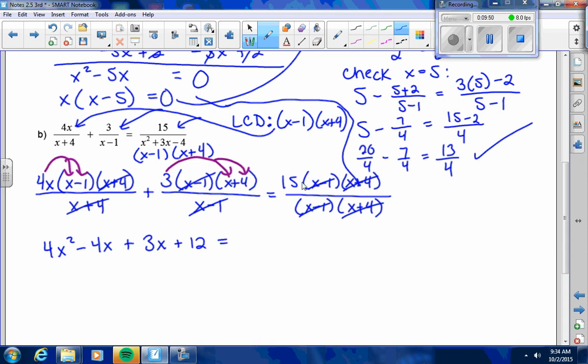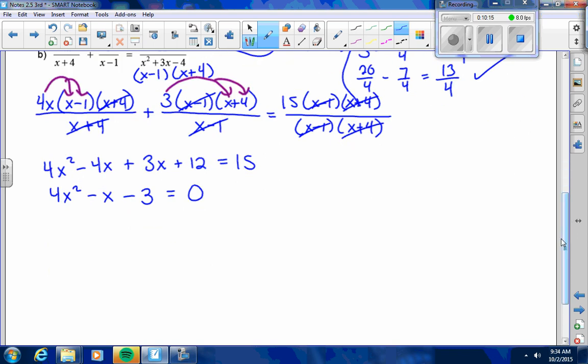And that equals, the only thing we're left with over there is 15. Okay, now we simplify. 4x squared, negative 4x plus 3x is minus x. If I subtract the 15 over, then 12 minus 15 gives me negative 3 equals 0.